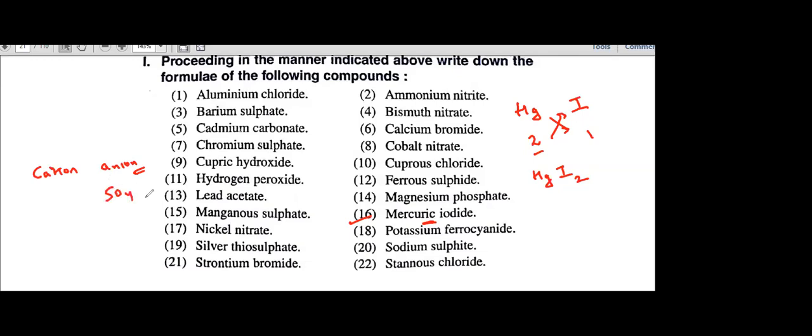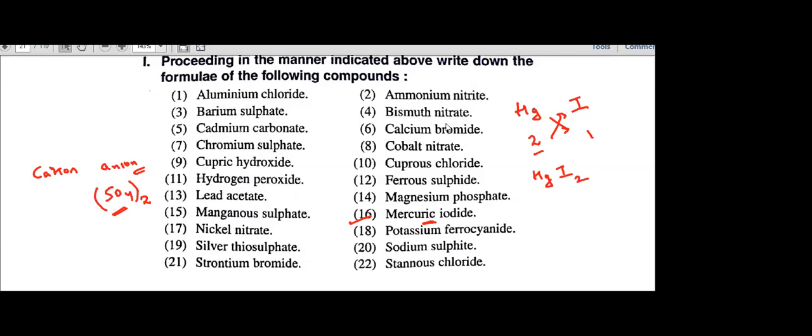If you write SO4 and here you write 2, what's the meaning of this? What is 2, oxygen is 8 or what? It means this whole group is 2. So that's why I have to keep this anion in bracket. Got it?